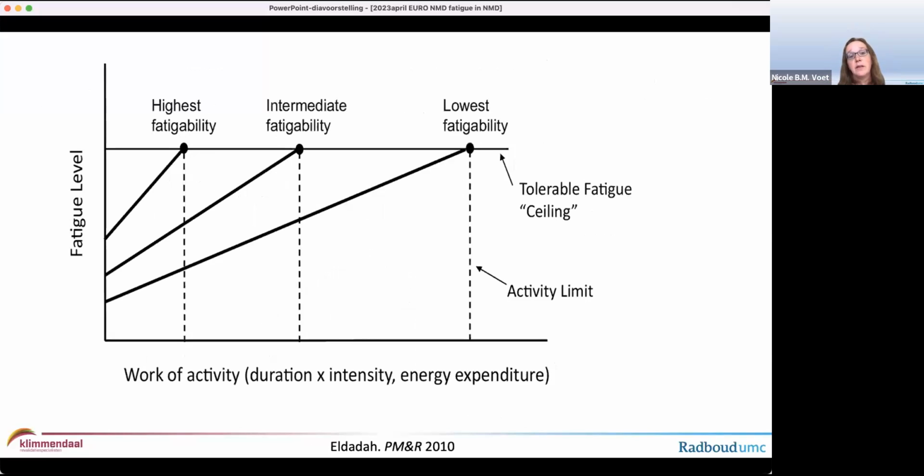Then it's good to know that there is fatigue in daily life, the fatigue level, and there is fatigue during exercise and activity, the fatigability. For example, top sporters have a very low fatigability during exercise and a low fatigue level in daily life. On the other hand, patients with NMD have a very high level of fatigability during exercise and unfortunately also a high fatigue level in daily life.